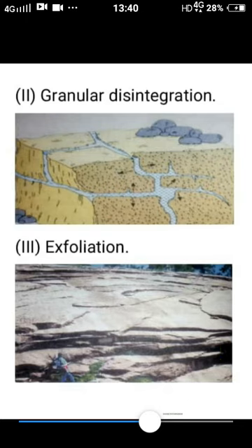In due course of time, the outer loose layers may peel off from the main rock mass in the form of thin shells. It means the rock materials come out in layers and layers. Just see in this picture, you can see the upper surface peeled out, and after some time the second layer peeled out. So this type of weathering is called exfoliation.